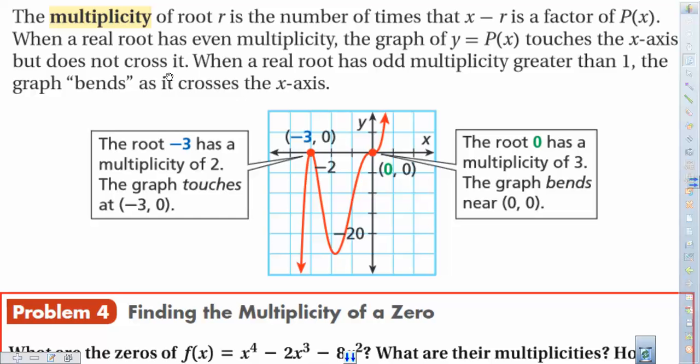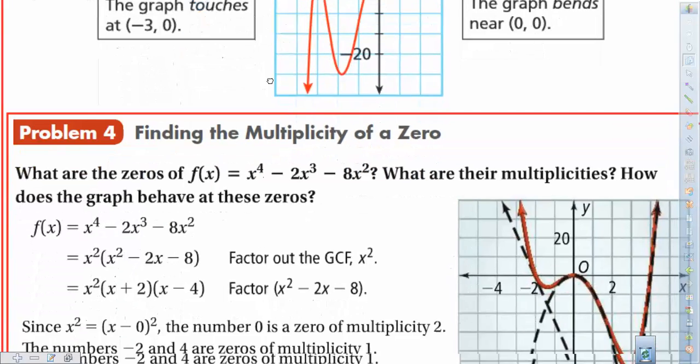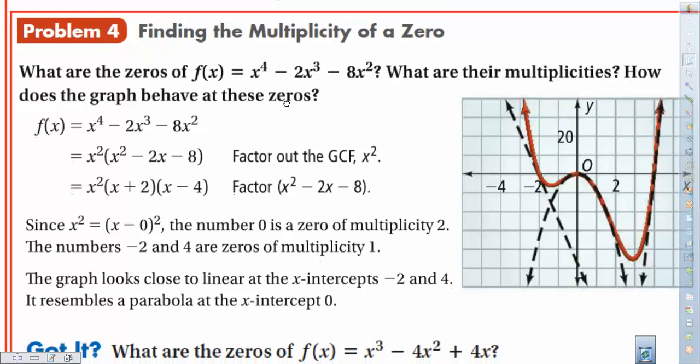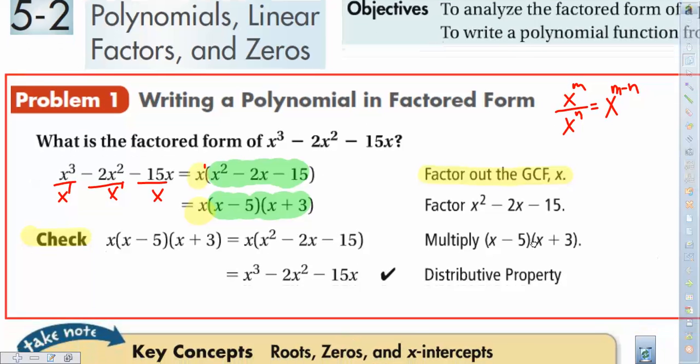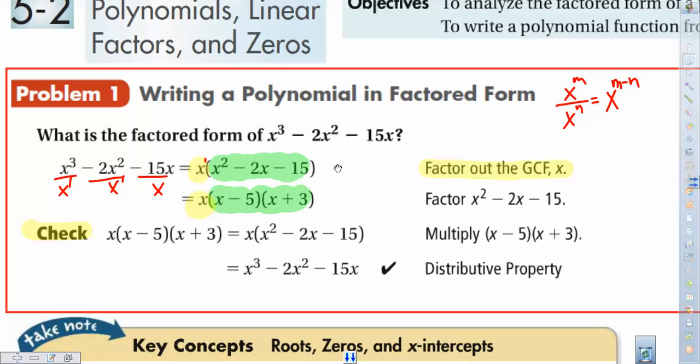So when you're looking at this problem right down below here, just have this approach. I'm not trying to get you to reinvent the wheel. What are the zeros of f of x equals x to the fourth minus 2x cubed minus 8x squared? Please treat this as being absolutely no different than this problem right here. See how it's just a factored form?